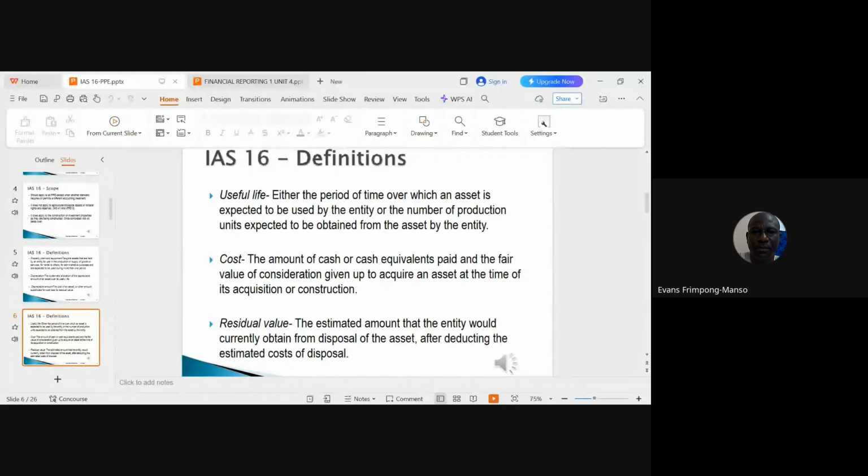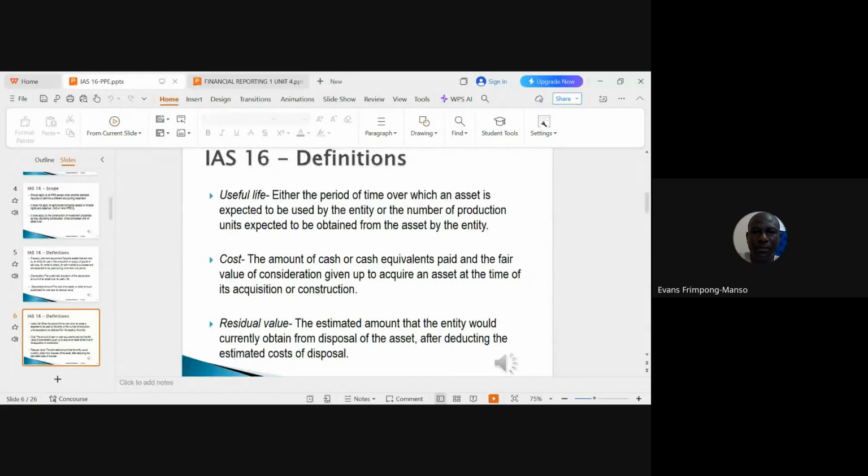For instance, if I want to buy plants to be used in the production of goods and services, I bought them from a factory in, let's say, Tema. My business is in Kumasi.